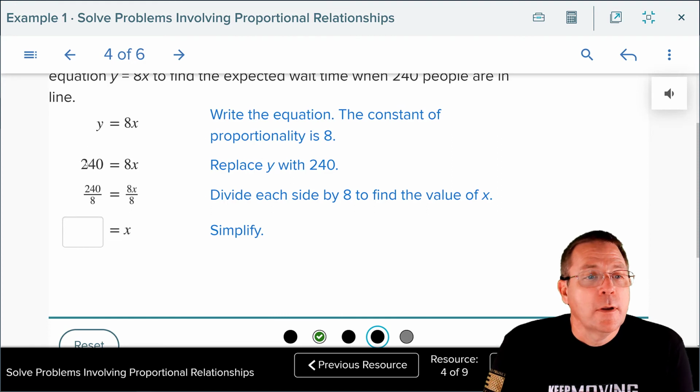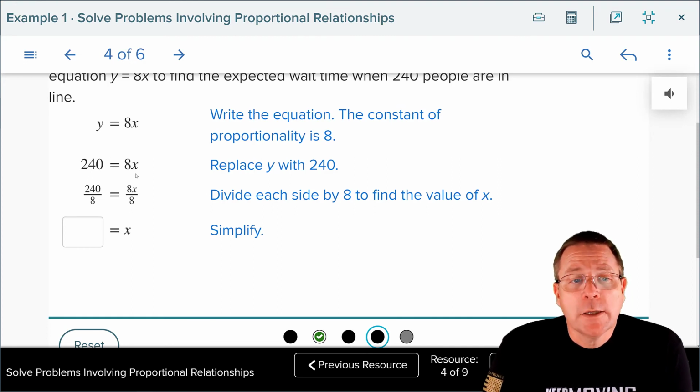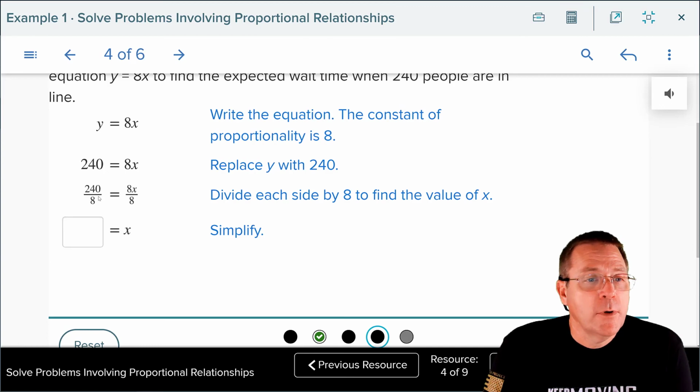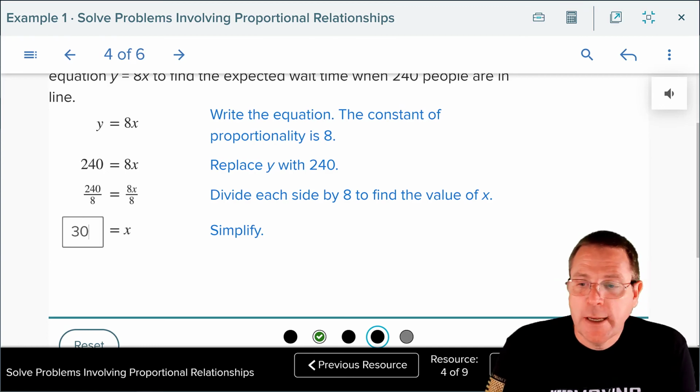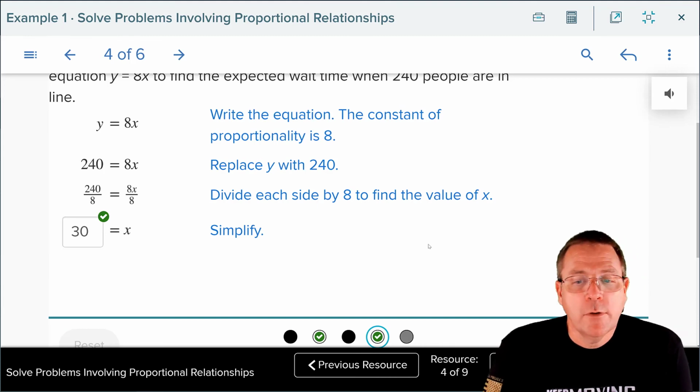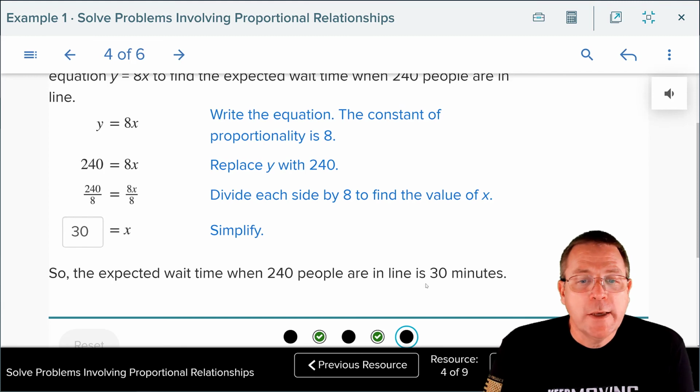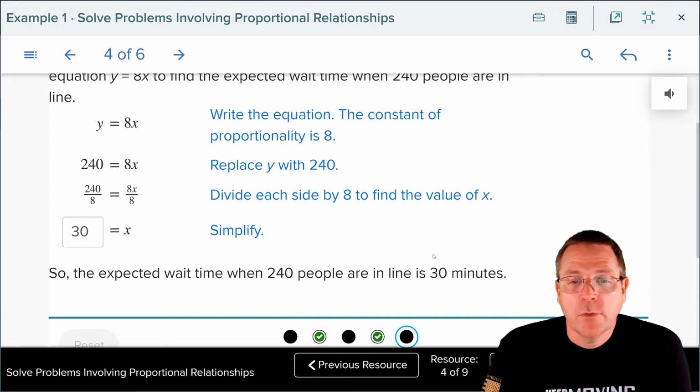From there, we have a target of 240 people. So 240 people is equal to 8 times x. We're going to isolate our variable by dividing 8 on both sides, and 240 divided by 8 is going to be the same 30 that we've been finding every other way. Circle or box your answer. So the expected wait time for 240 people is 30 minutes.